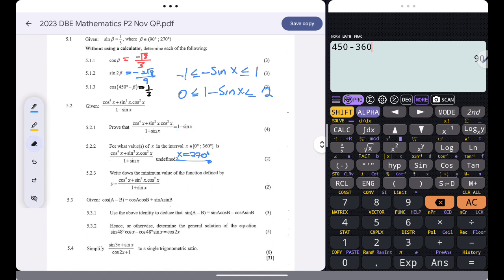So I know that now the function of y is between 0 and 2. So 0 will be my minimum, 2 will be my maximum. Are you together? So the minimum value is 0.